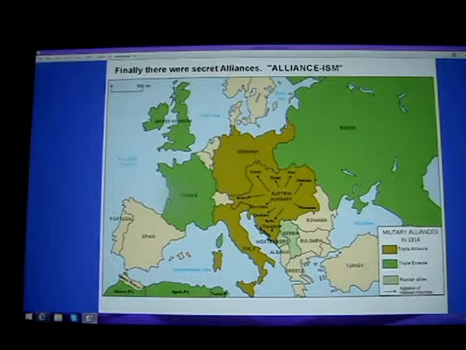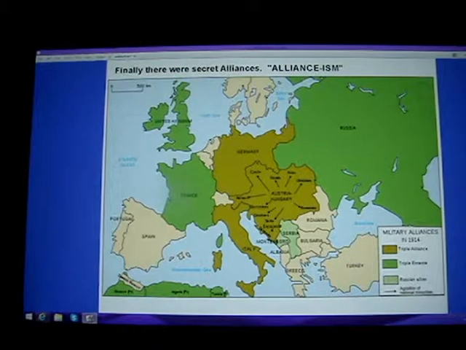So what is an alliance? An alliance is a promise that if you're attacked, I will come to your rescue, as long as if I'm attacked, you'll come to mine. So before World War I, here were these alliances, here were these commitments already established.